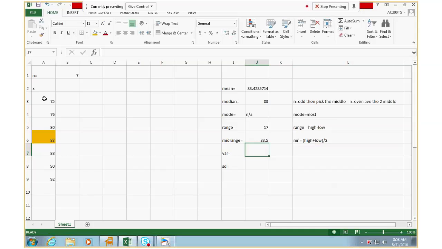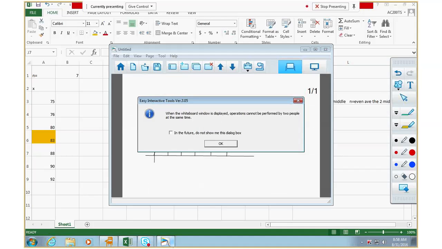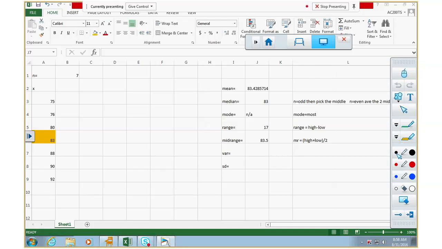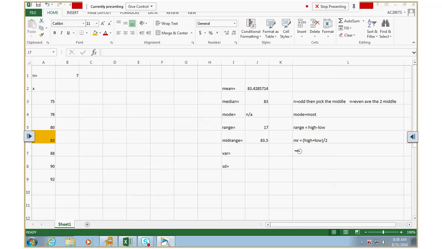And the formula for the variance is equal to the summation of x minus x bar, quantities to the second power, over n minus 1. Okay?